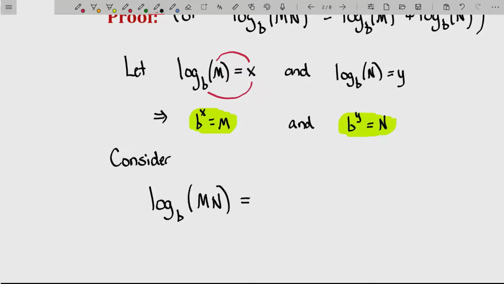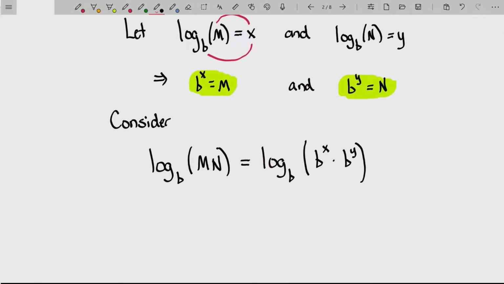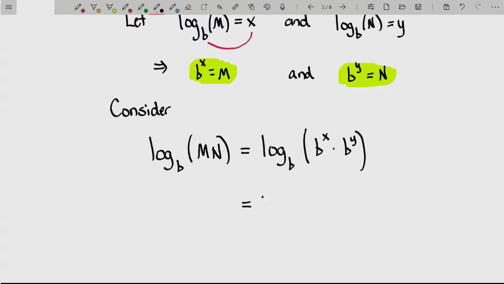So that's what I'm going to replace those with. That's log base b of, again, m is b raised to the x power and n is b raised to the y power. And now what I'm going to do is use a law of exponents, specifically the one that says when you have like bases, you can add exponents.